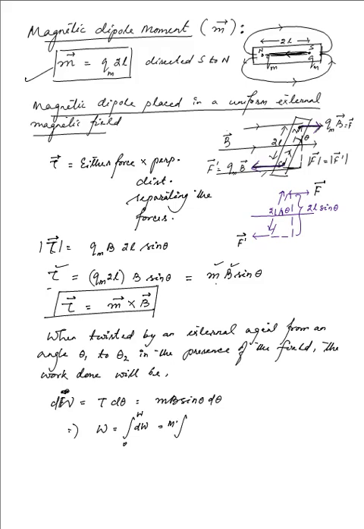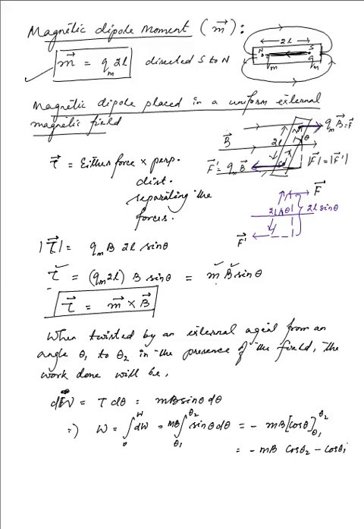M and B can be kept aside because they are constants. Sine theta d theta taken from theta 1 to theta 2 gives cosine theta but in negative, so minus mB cos theta from theta 1 to theta 2, so minus mB, cos theta 2, the upper limit, minus cos theta 1.